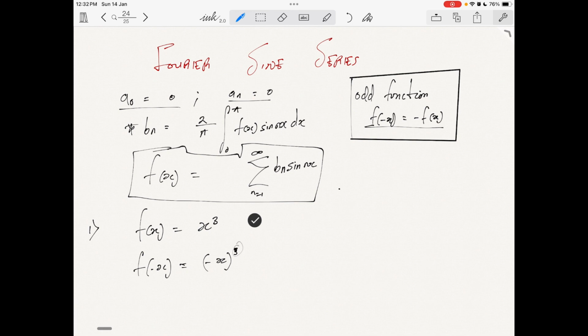And minus x raised to power 3 is minus x times minus x multiplied by minus x, and this will give us minus x raised to power 3. Now, this is the same thing as minus f of x, because f of x in itself is x raised to power 3.